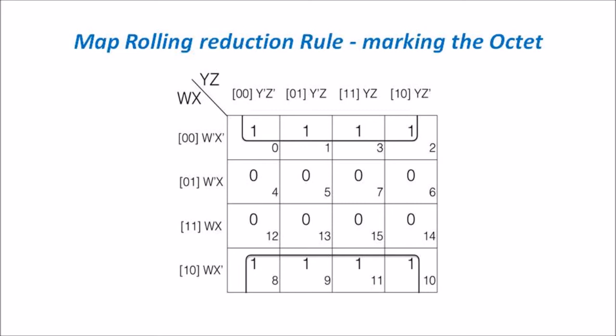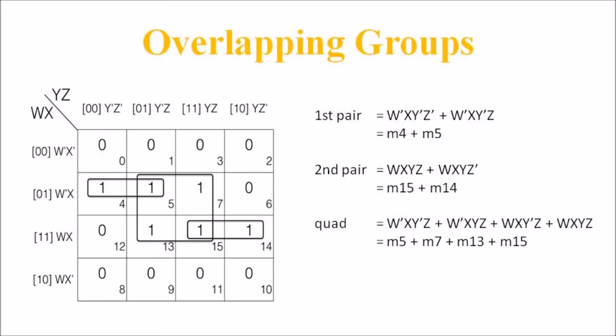The next important rule to be discussed is overlapping groups. When a value in a cell of a K-map is encircled in more than one group, even in a pair, quad or octet, then we call such groups overlapping groups. Let us consider this K-map.